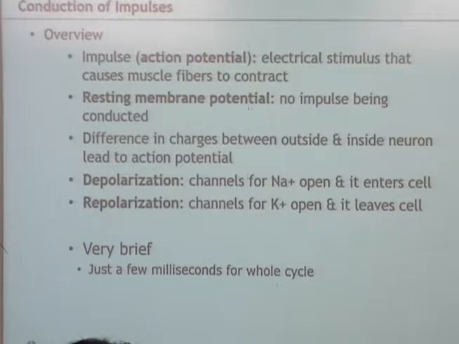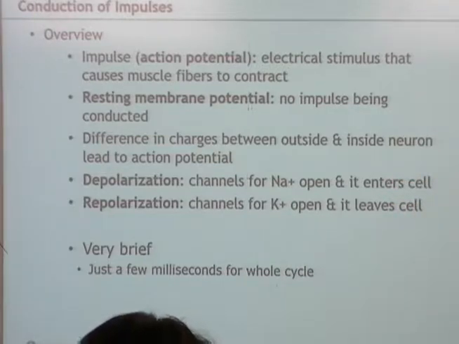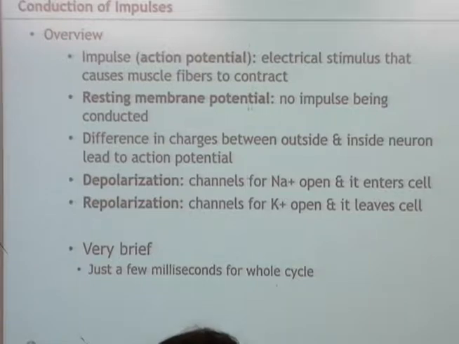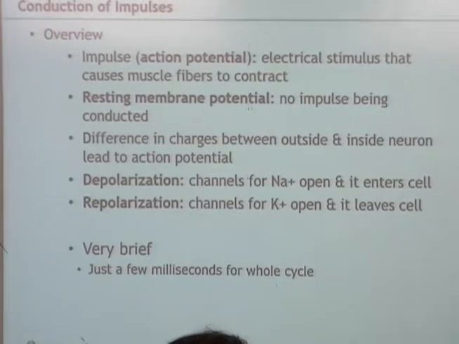If we reach threshold, then we change this balance of charges across the membrane, and that causes the action potential. What happens is that sodium channels open up and sodium enters the cell. And that's called depolarization.